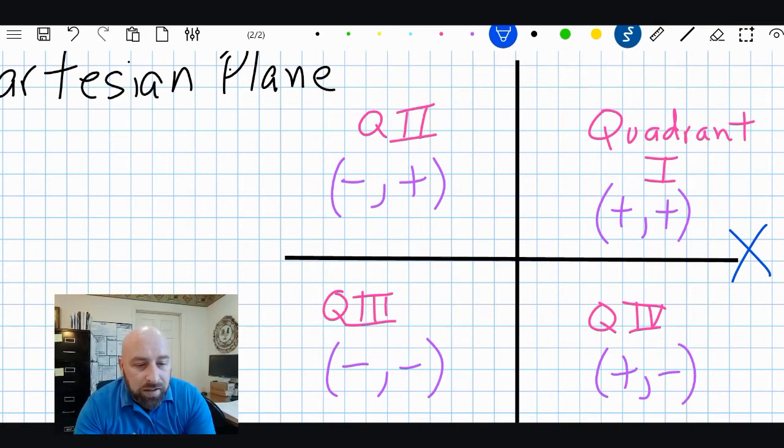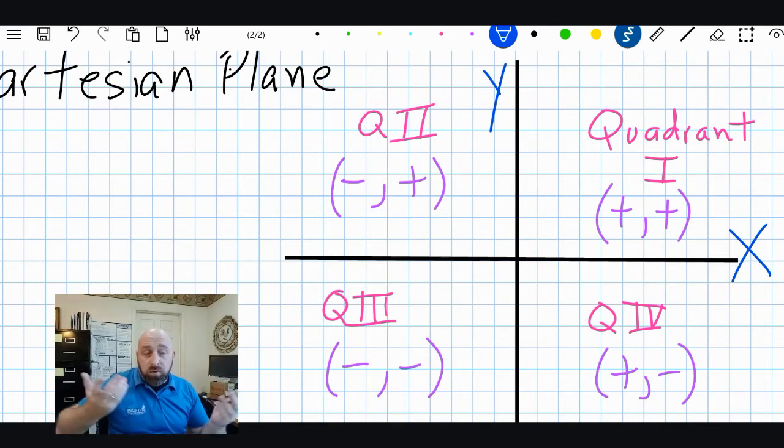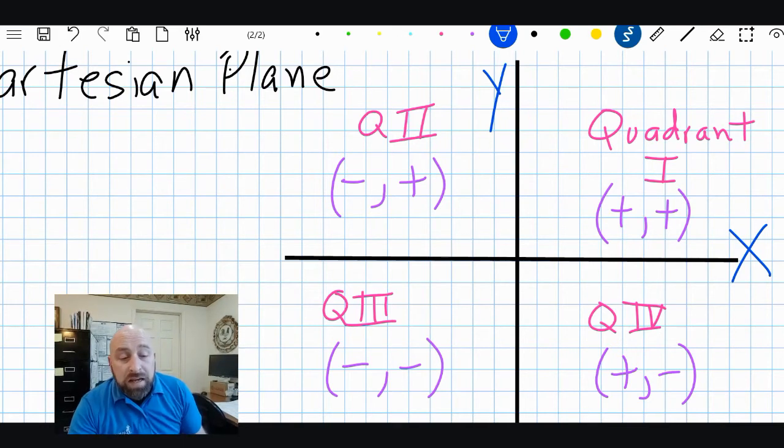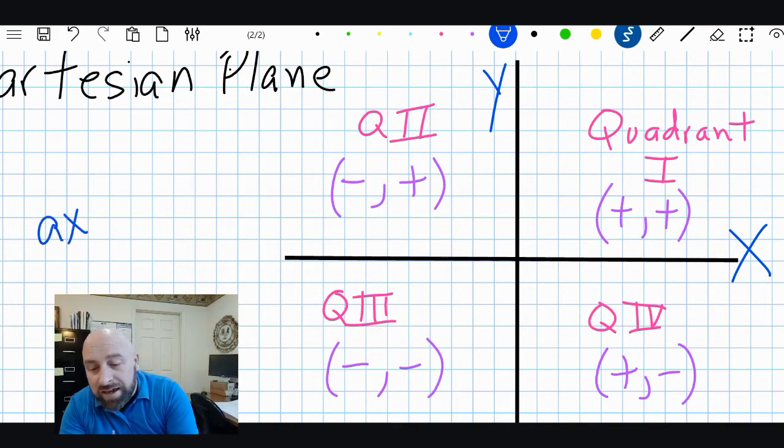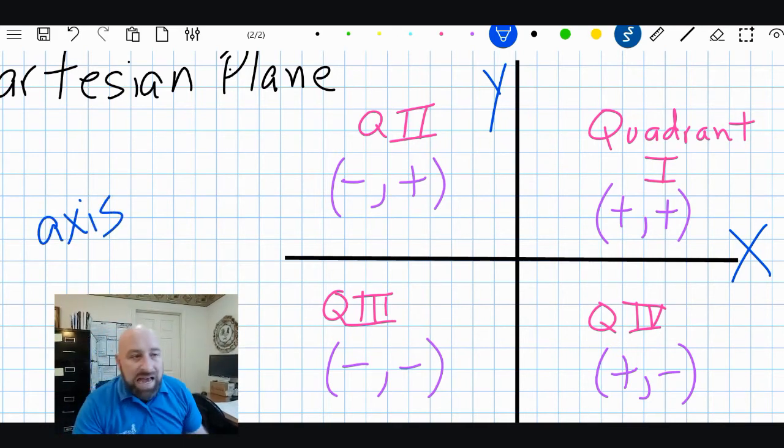And this line up here, this one that's going up and down, this is called the y line. Now, they have a special name. Of course they do. Everything on here has a special name. And they are called the axis. So the x-axis and the y-axis. Okay? So x and y axis. And this is like the main one right here.